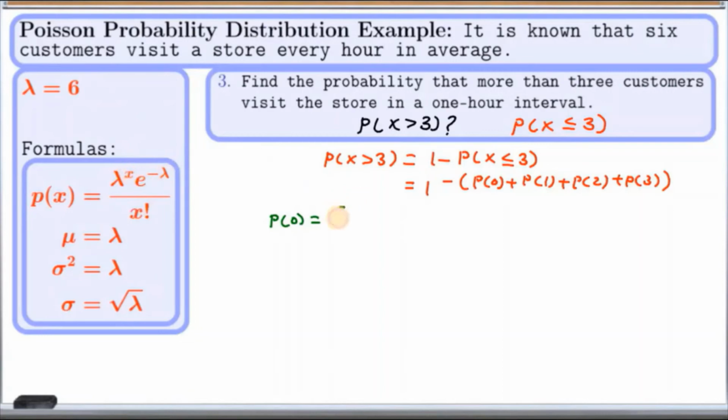So we get, now you can put this whole thing in a calculator, and doing that I get this whole thing to be 0.00248.